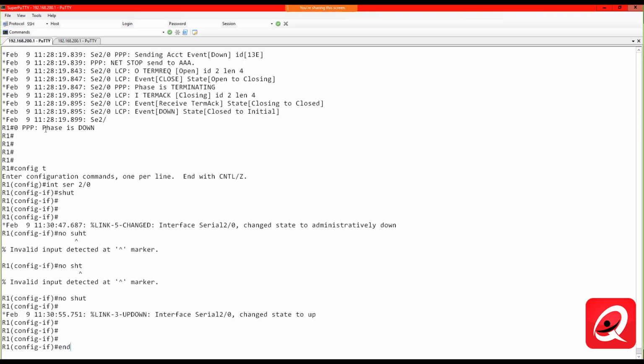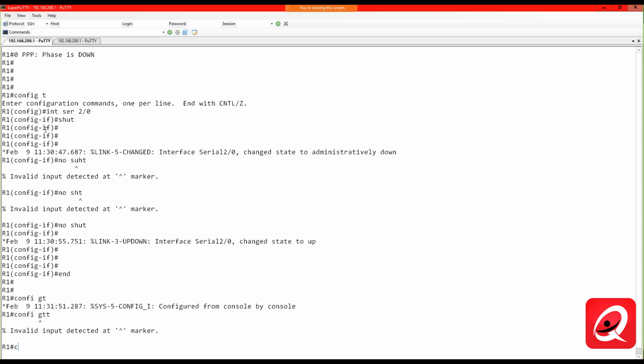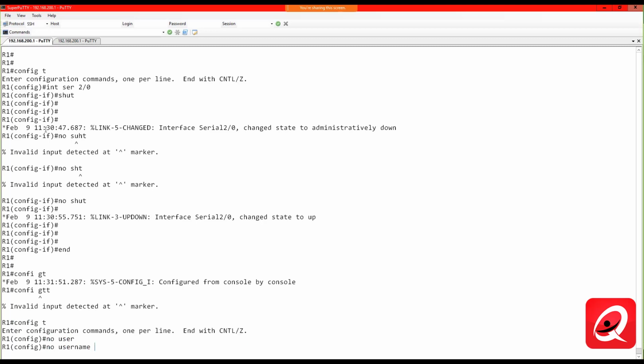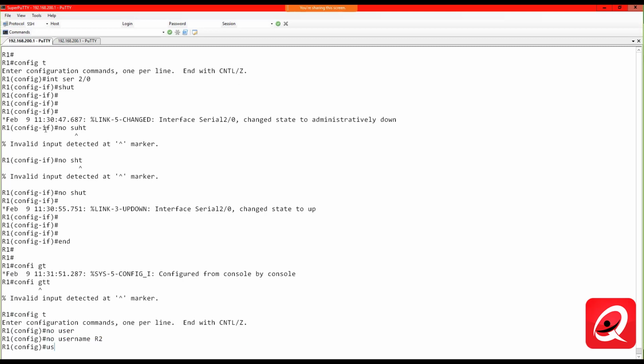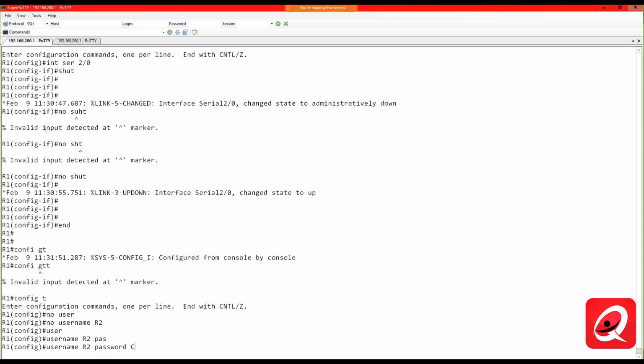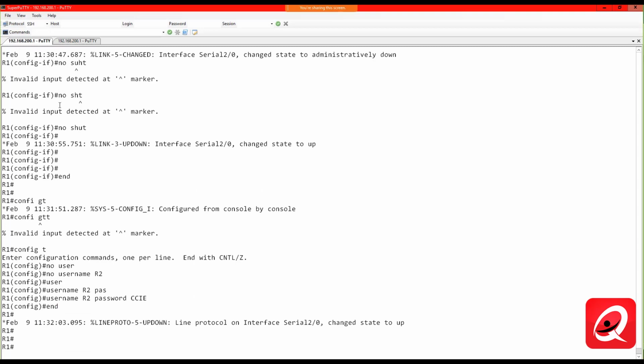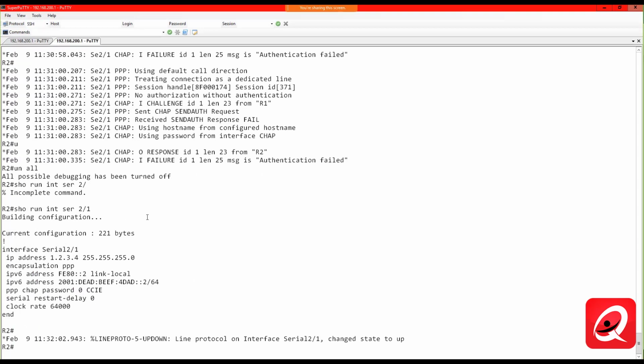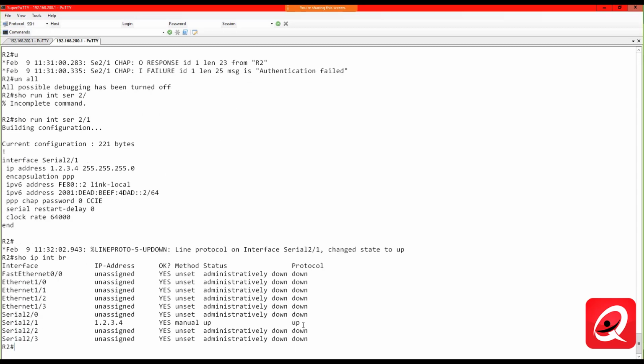So I'm going to do one more thing here. Config T, no username R2. Username R2 password CCIE. Yep, so the state changed to up. Show IP interface brief.